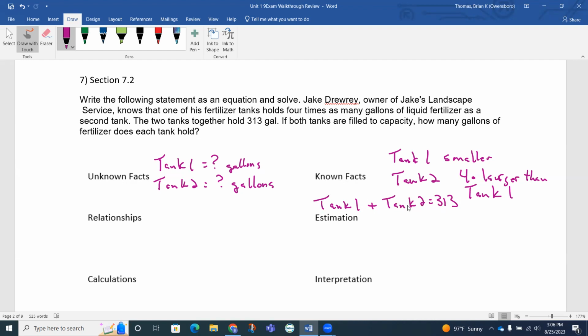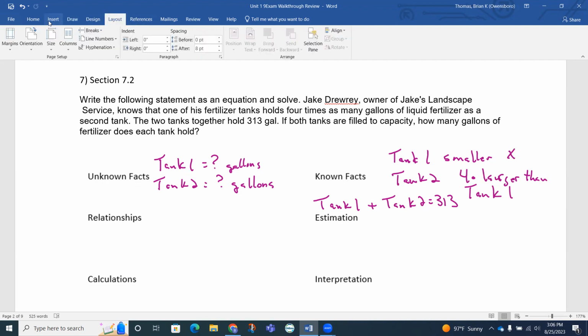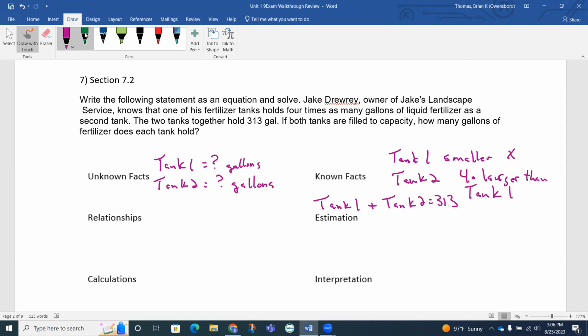So if we look at this as our equation right here, we can actually write an equation at this point. Now, we don't really want 2 unknowns, but notice how tank 2 is 4 times larger than tank 1. So if I call tank 1 X, it's unknown.